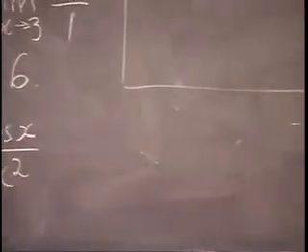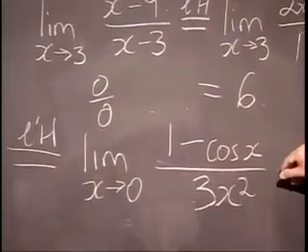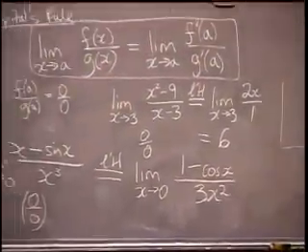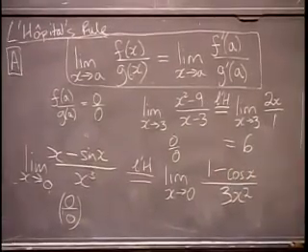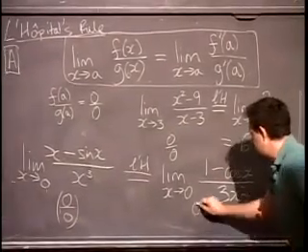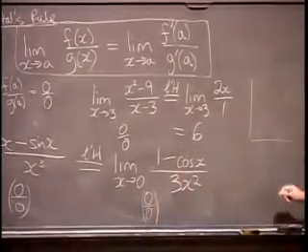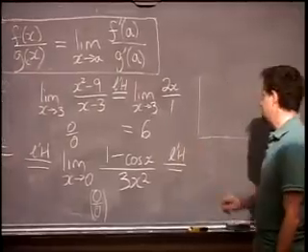Okay, so this limit equals this limit. We still have to solve this new limit, of course. Now, if I plug in 0 once again, I get 1 minus cosine of 0 is 1. Guess what? That's 0, and the denominator is 0 again. So once again, I can use L'Hopital's rule. I'm going to use it twice in this problem.